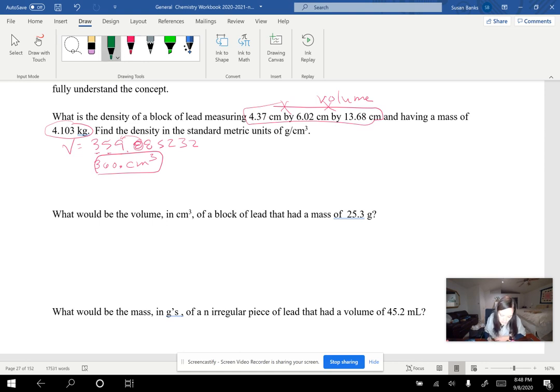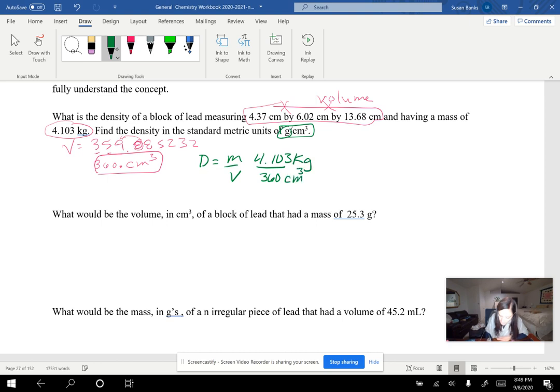The problem with this is we are usually doing density in grams per centimeter cubed. So if I do density is equal to mass divided by volume, I would be tempted to just put 4.103 divided by 360 and be done. But the thing is, that's not the right unit. So I've got to pay attention to my units.